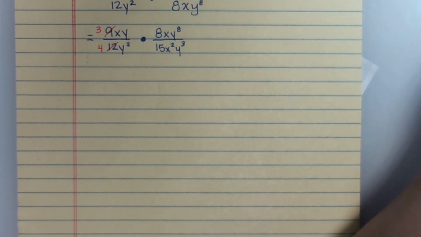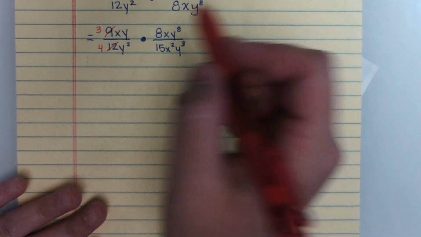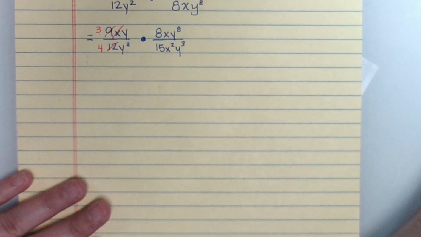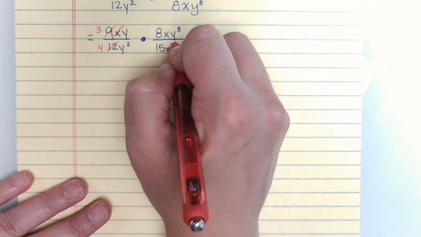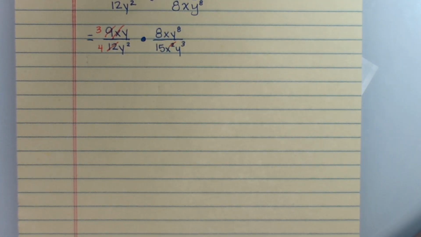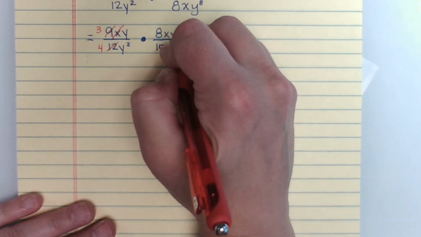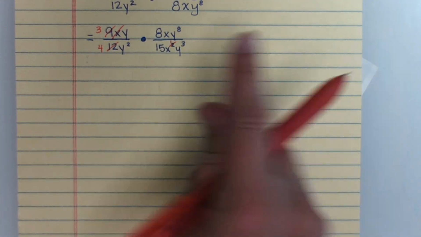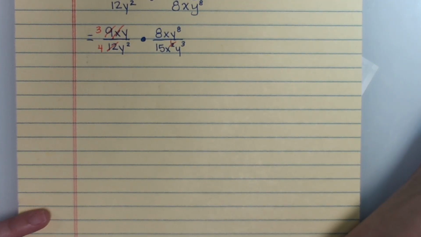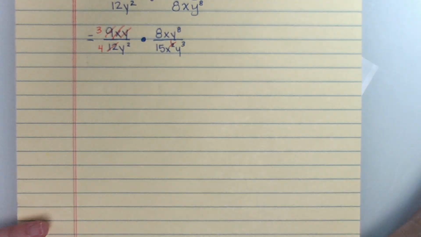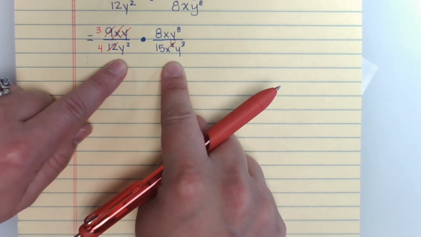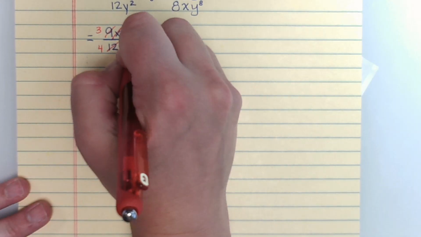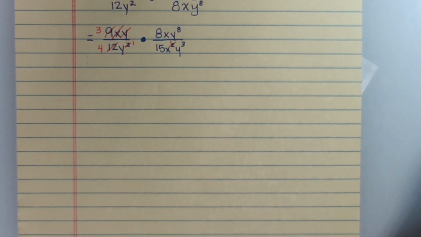I heard x. There's an x on top. X on bottom is over here, leaving me with x to what power? First. Okay, I was told y. Y can come off the top. There's y's in both of these. Does it matter which one I take it off of? No, just make a choice. I'll take it off that one.